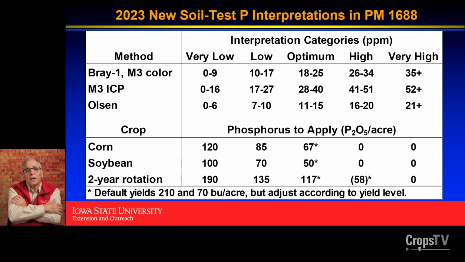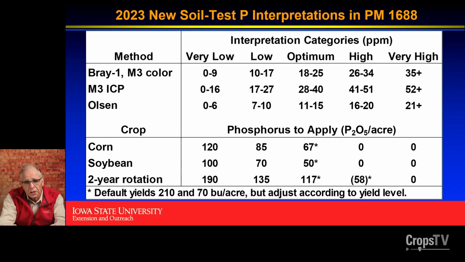Okay, I put together some tables in PM 1688 for corn, for soybean, and the 2-year rotation. I put them in here. See, at the top, we have the interpretation categories. As you can see, the Bray 1 and the Mehlich 3 colorimetric, the classic one, the ppms are the same, but many labs are using Mehlich 3 and measuring phosphorus with ICP, so they get a higher number. And I have talked a lot about this in other presentations.